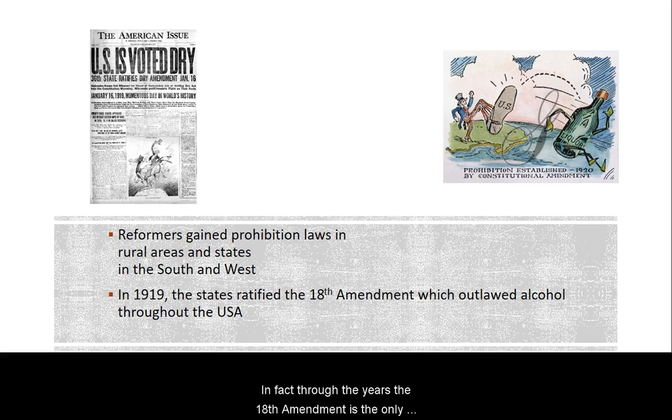In fact, as we see through the years, the 18th Amendment is the only amendment to the United States Constitution to ever be repealed or taken away. Basically, that means that the 18th Amendment eventually is overturned and people are allowed to buy, sell, and make alcohol again. But that's not until a little bit later.